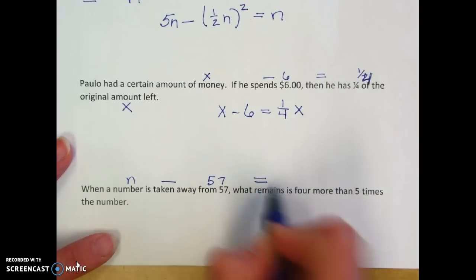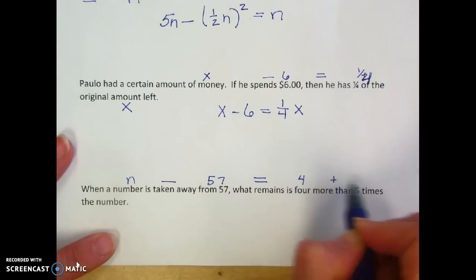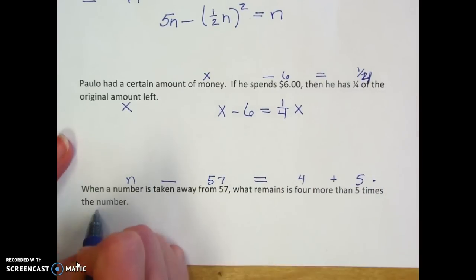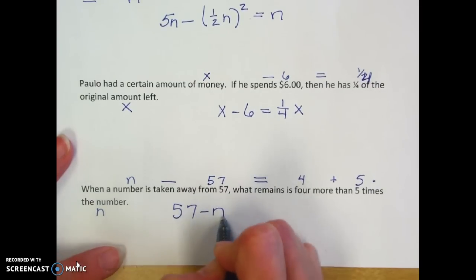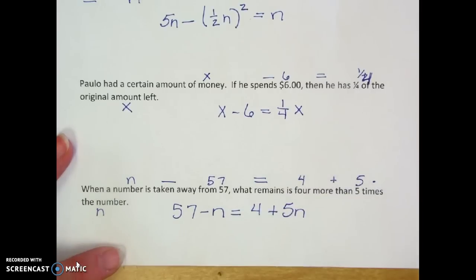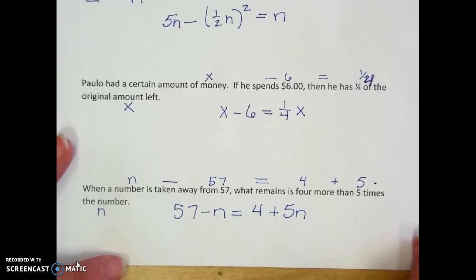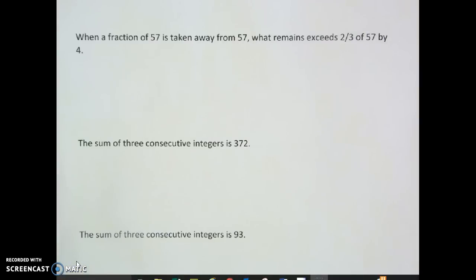What remains is our equal sign. 4 more than means we're adding 5 times the number. So 57 minus n equals 4 plus 5n would be our equation. And you have to just practice these. They're not the easiest problems in the world to translate, but you have to practice to get better with them. Okay, now another sheet here with a couple on it.